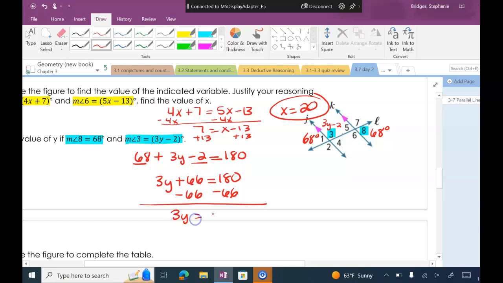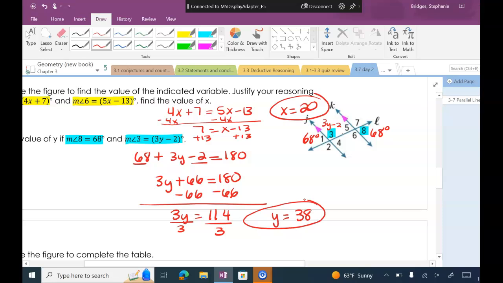I'm going to subtract. Was that 114? Did I get 38?